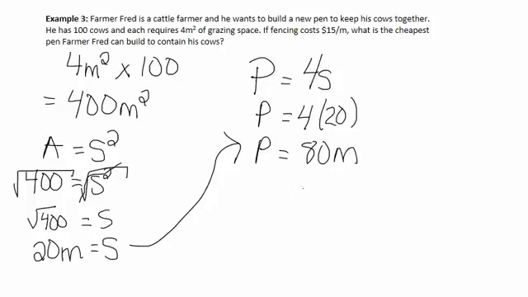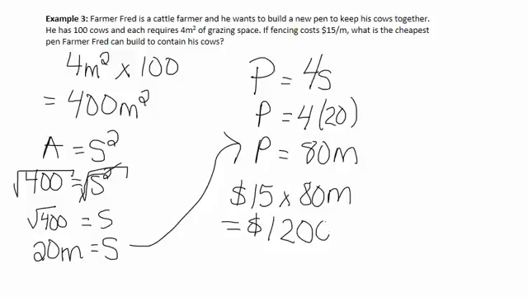And finally, to figure out the cost, we know that the cost of fencing is $15 a meter, so we'll just do 15 times 80 meters, which is equal to $1,200. Therefore, the cheapest pen Farmer Fred can build to contain his cows is a pen that costs $1,200.